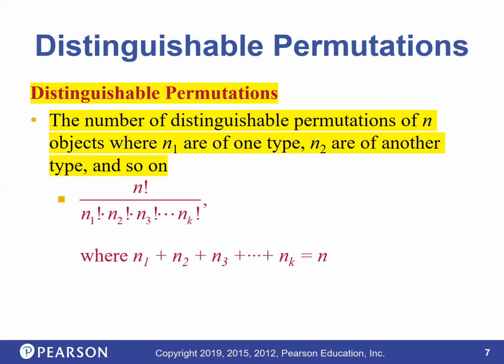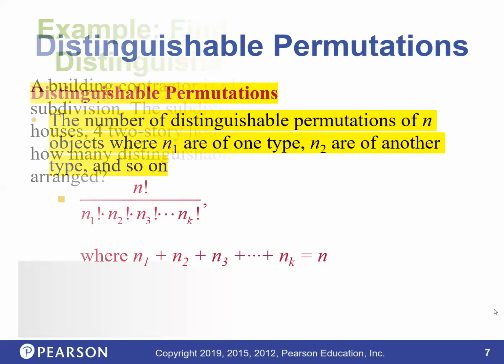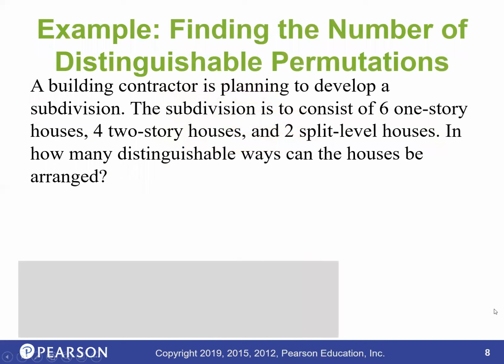So let's try just an example here. This is distinguishable permutations. I've got a building contractor planning to develop a subdivision, and here's what we have.